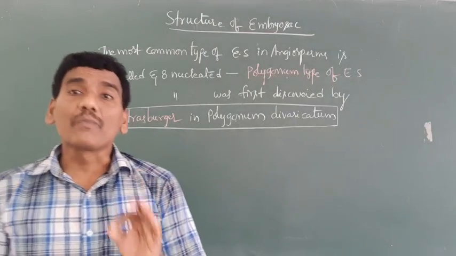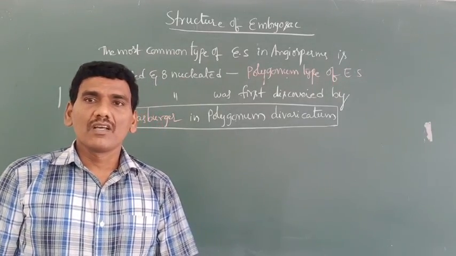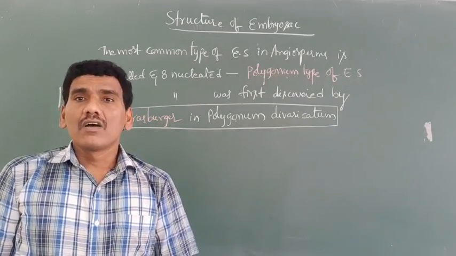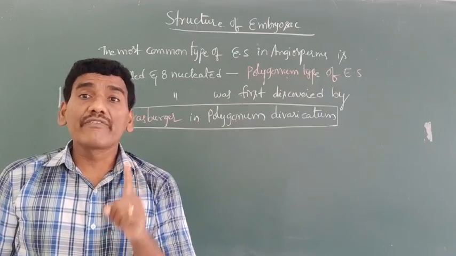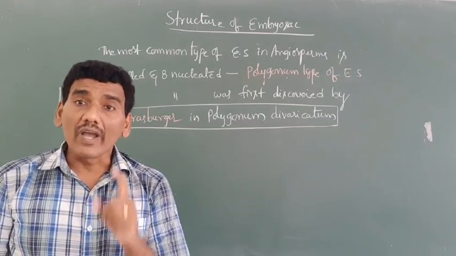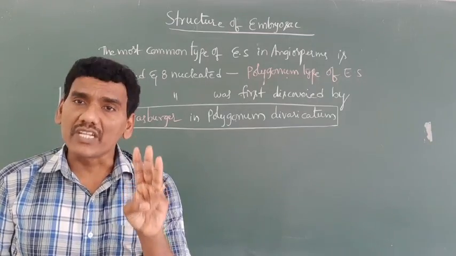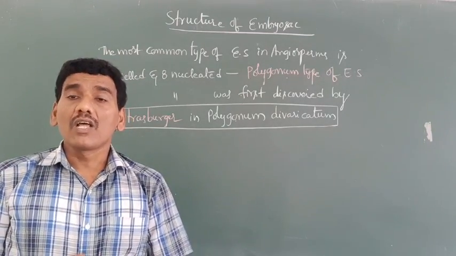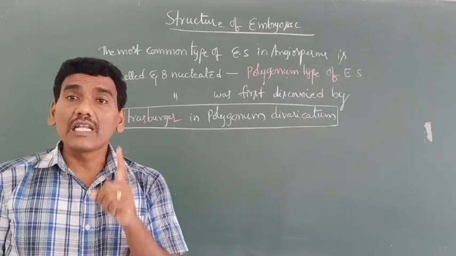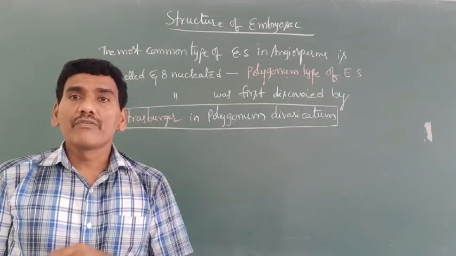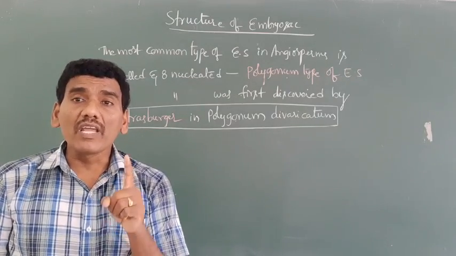It occurs in the majority of flowering plants. Here, one megaspore acts as the functional megaspore, while the other 3 megaspores degenerate. The one functional megaspore develops into the female gametophyte or embryo sac.